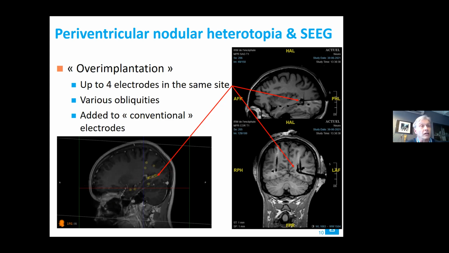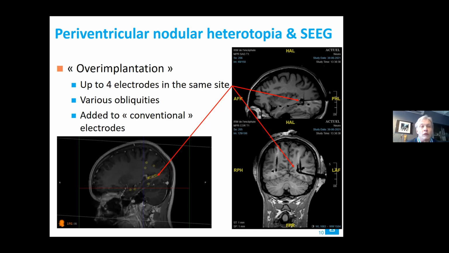On the left of the screen, you can see a pre-planning with 4 electrodes in one heterotopia, and on the right column, this is a post-implantation MRI displaying also at least 4 electrodes very close one to each other.